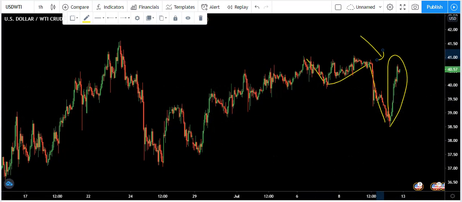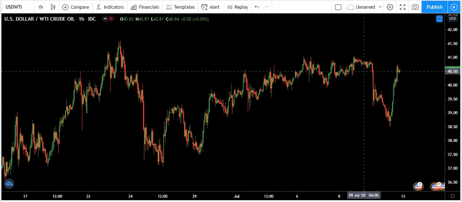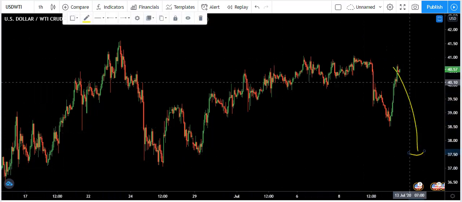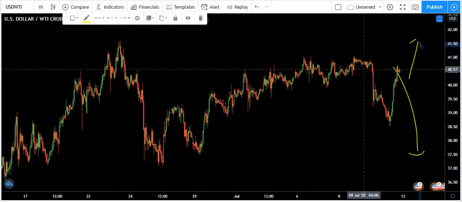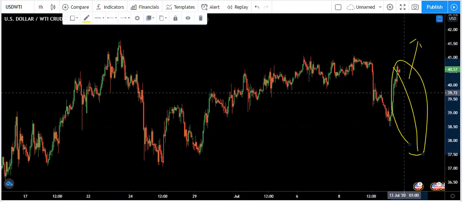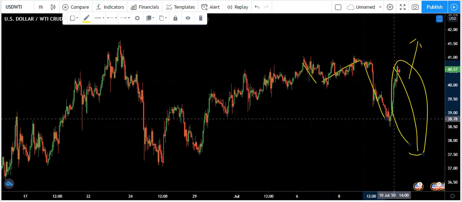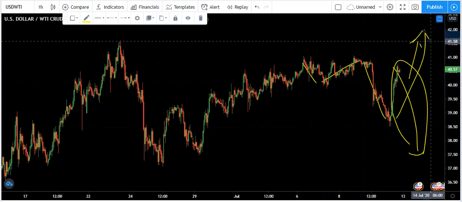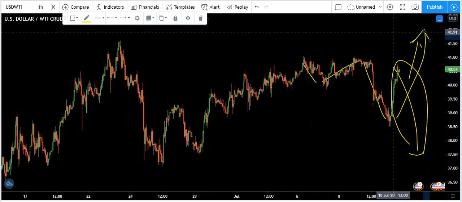This is the reason why we say even from here we can get the downtrend or the price can go higher. Based on the first option, yes, we were expecting this, and based on the second option, if we put these three together, the price can go higher and break the top.